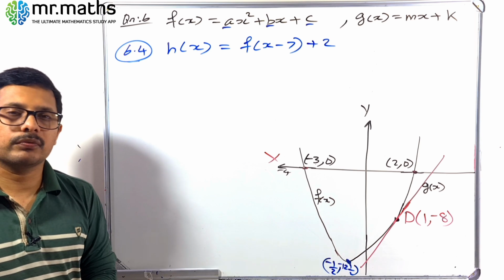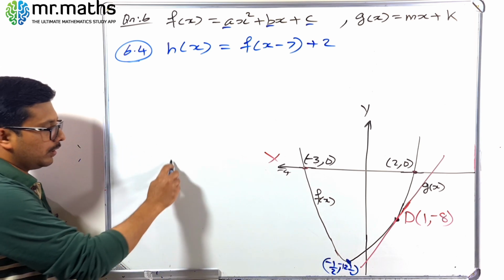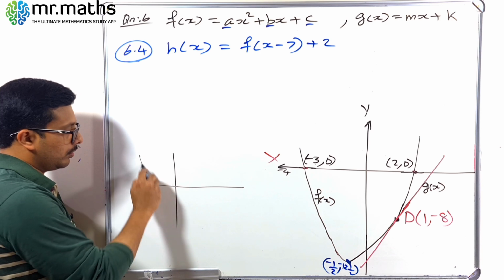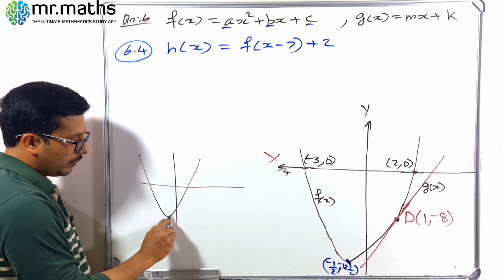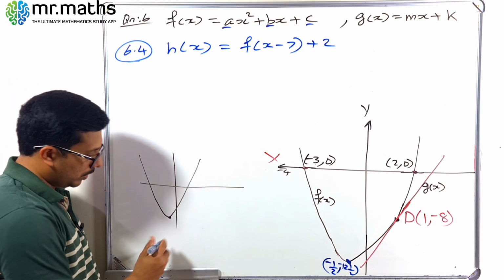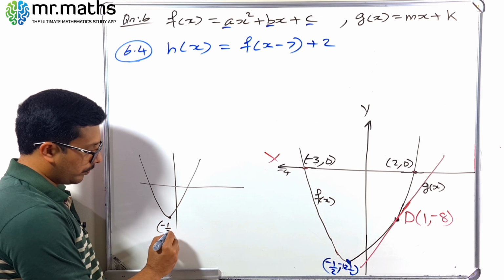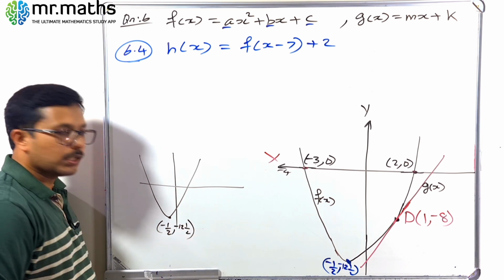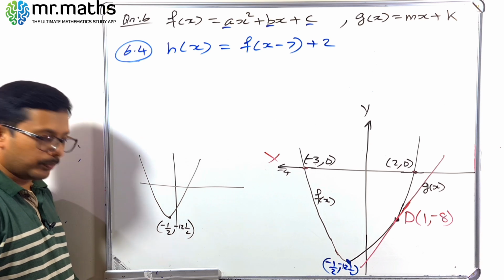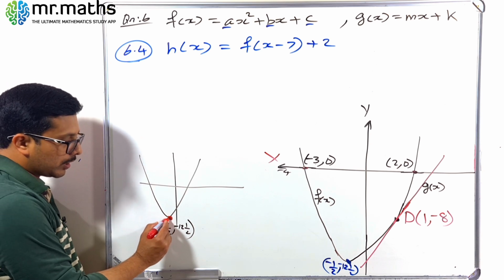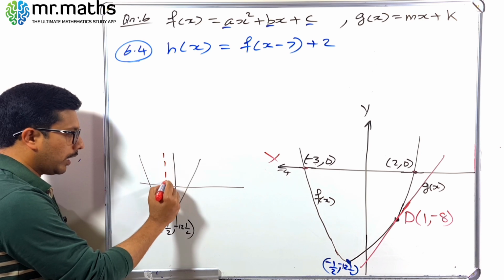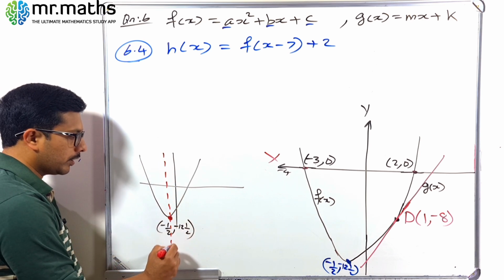What is the meaning of that, guys? If I draw this graph here, what is the turning point? Minus half comma minus 12 and a half. The axis of symmetry passes through the turning point, and here this is the axis of symmetry.